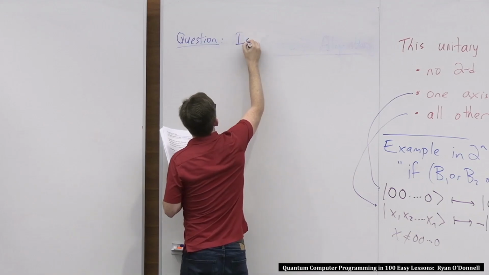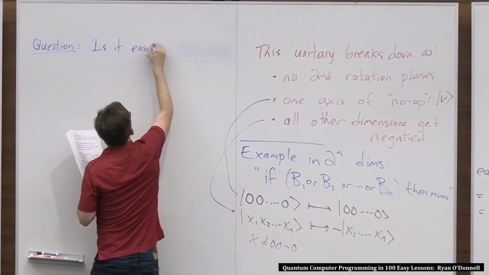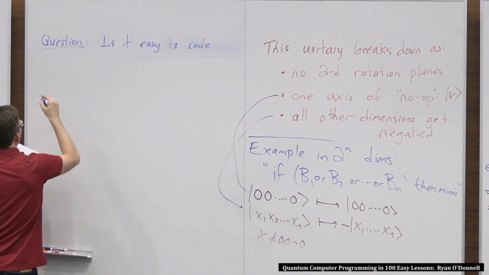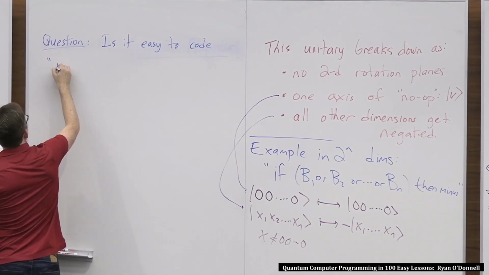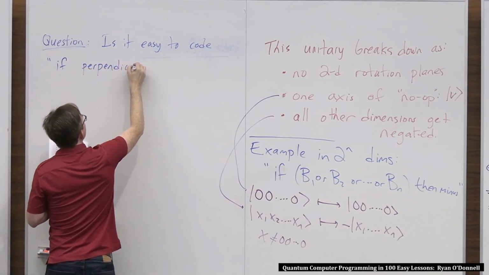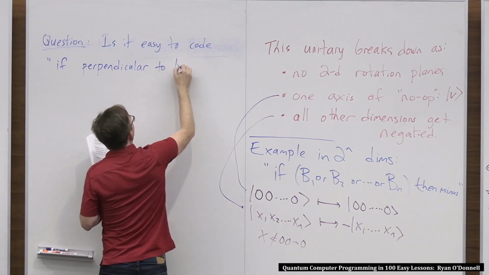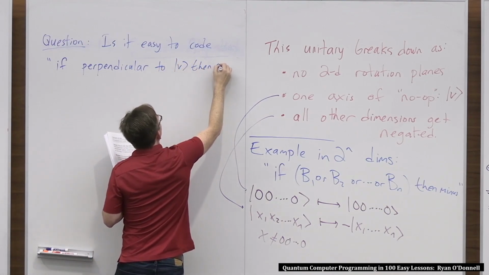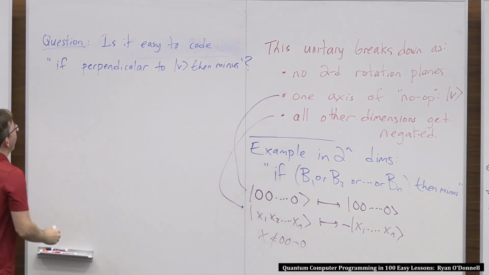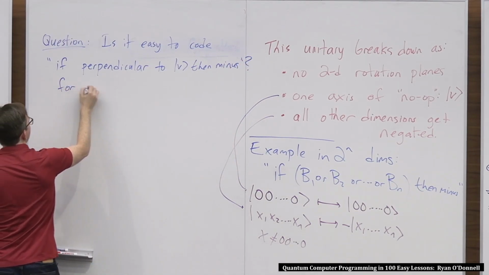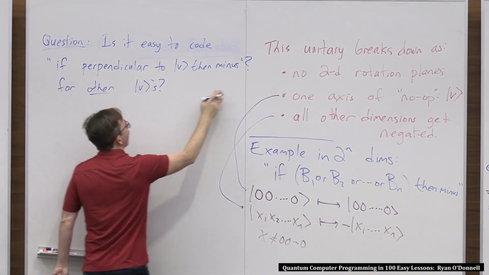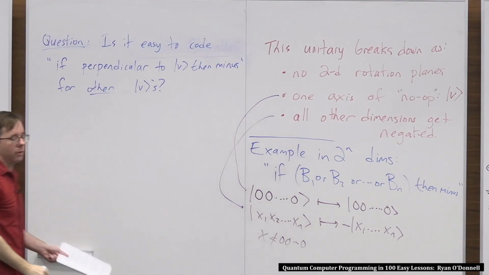So is it easy to code this thing, reflection across V? Or I'll write it in a different way: if perpendicular to V, then minus. These are the same things. Well, I should add for other V's, let's say unit vector V's.